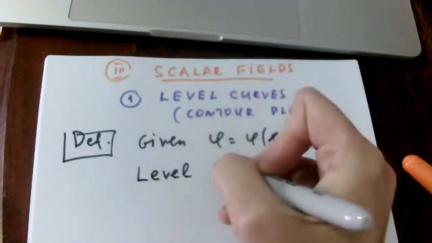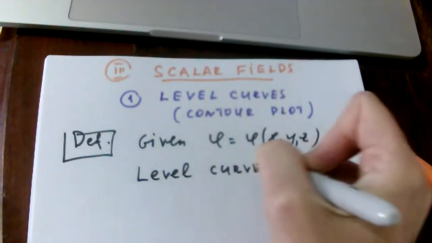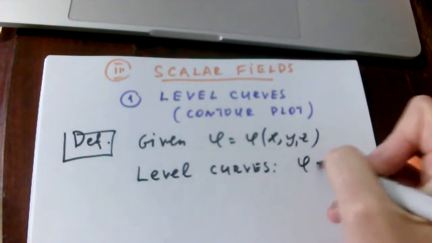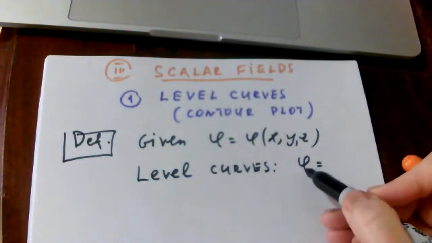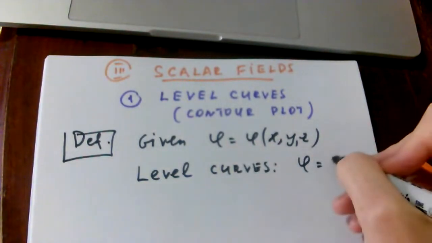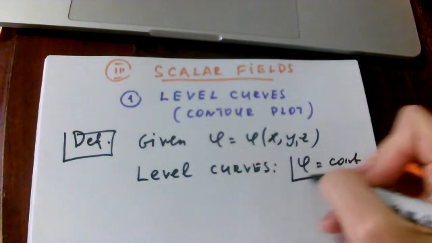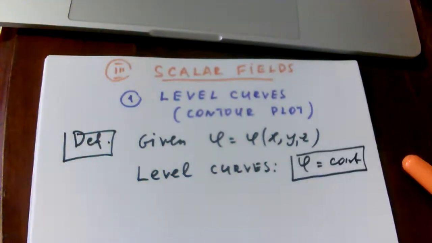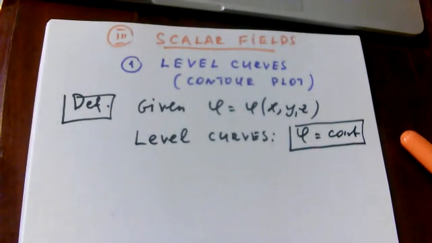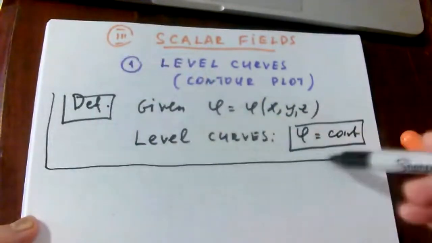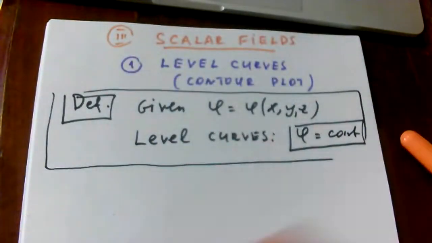Level curves are given by a very simple formula. You need to set your function phi, or scalar field, equal to some constant, solve this equation, and try to plot it. That's it. So this is the definition of these level curves.